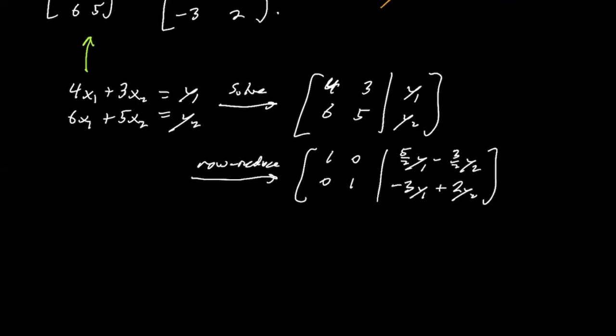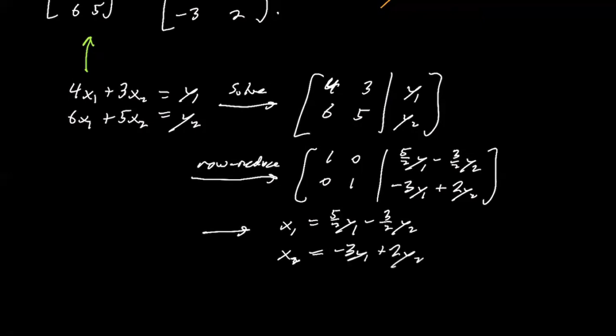And so that translates into x1 equals 5/2 y1 minus 3/2 y2, and x2 is minus 3y1 plus 2y2. And so there you go.